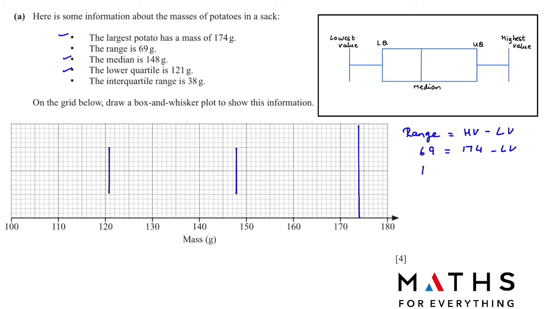And the 69 we shift to the other side, 174 minus 69 will give us 105. That's our lowest value, and that we will draw here. Now we used the range also. Now interquartile range is left.